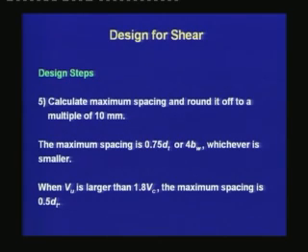The fifth step is to calculate maximum spacing and round it off to a multiple of 10 millimeters. The maximum spacing is 0.75 dt or 4 times Bw, whichever is smaller. When Vu is larger than 1.8 Vc, the maximum spacing is 0.5 dt. The purpose of having a maximum spacing is that a diagonal crack should be intercepted by at least one stirrup.